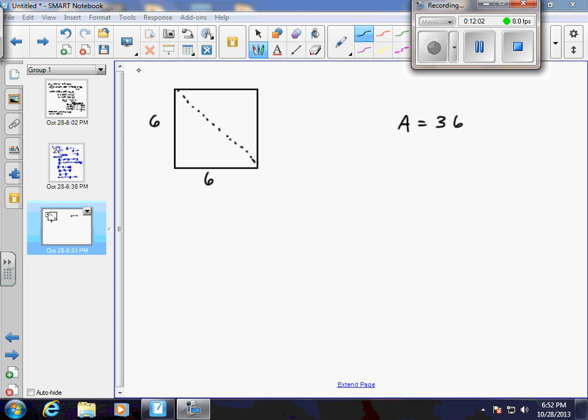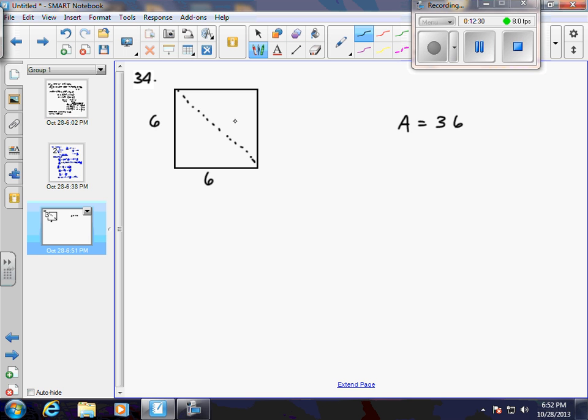This is number 34. In number 34, the square has a side of 6, so the area of that square is 36. What is the length of the diagonal? So yeah, but the problem is we don't know the rate at which the side is changing, do we?